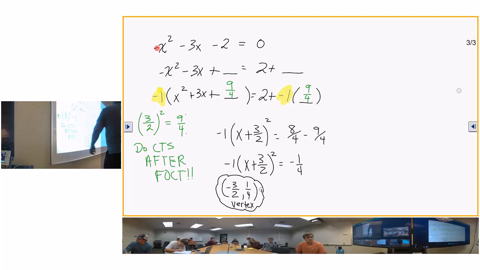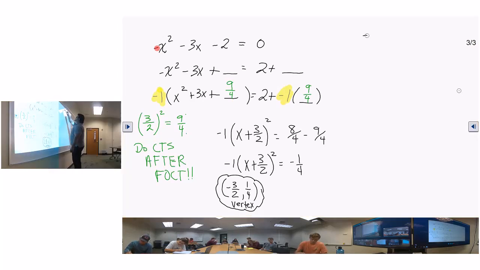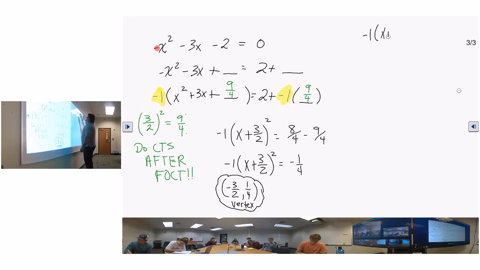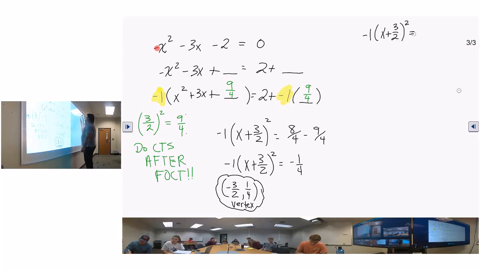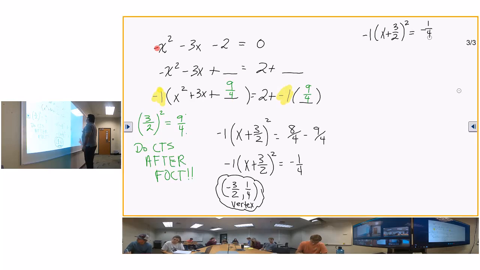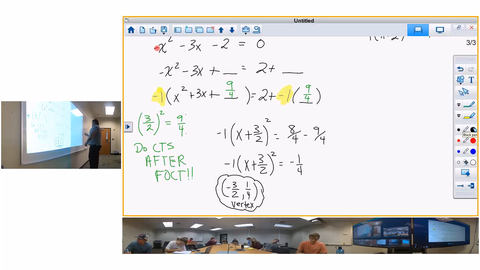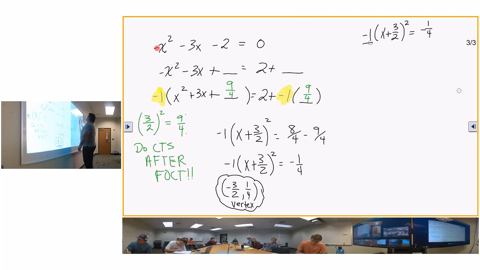Now find your x-intercepts. -1 times x plus 3/2 quantity squared. Divide both sides by -1. X plus 3/2 quantity squared is equal to +1/4.